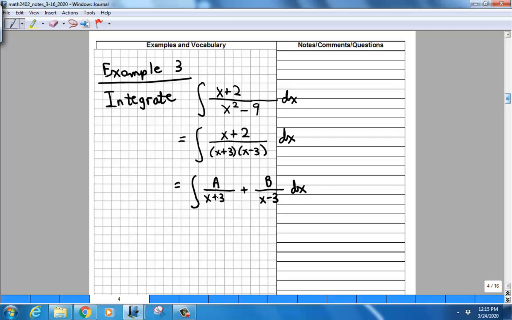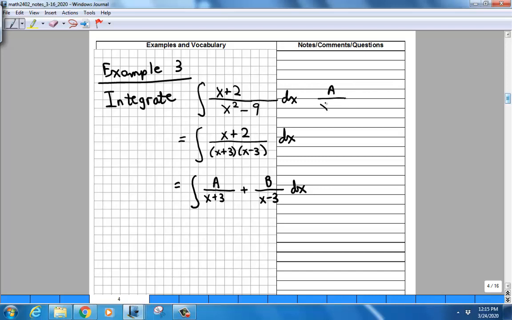So remember, when you add A over x plus 3 plus B over x minus 3, that has to sum together to give you x plus 2 over x plus 3 times x minus 3. So let's actually add these two fractions together, that are supposed to add up to our original integrand, and see if we can use that to figure out what A and B are.